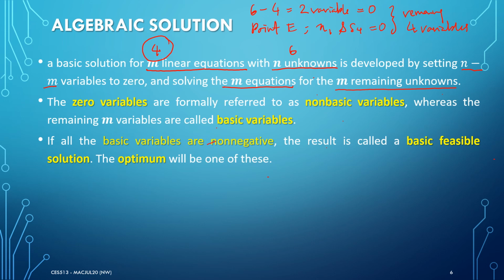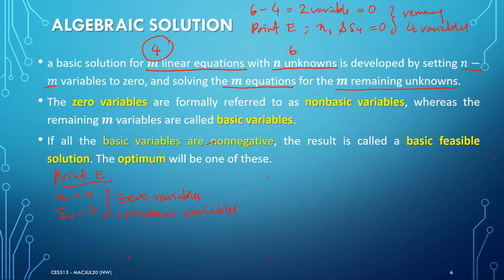The 0 variables are formally referred to as non-basic variables, whereas the remaining m variables are called basic variables. So for example, previously, at point A, we have x1 equal to 0 and s4 equal to 0. These are called the 0 variables, and also formally referred to as non-basic variables.